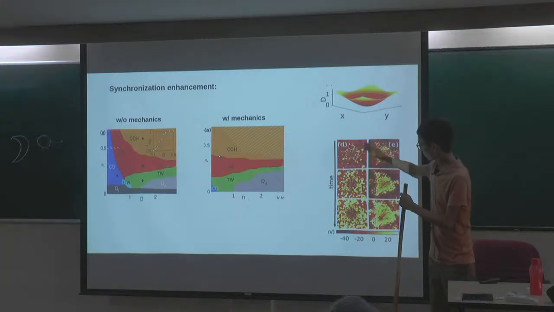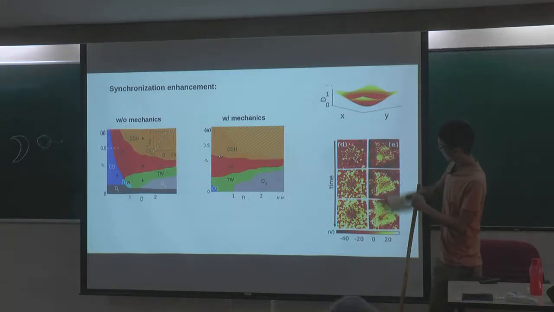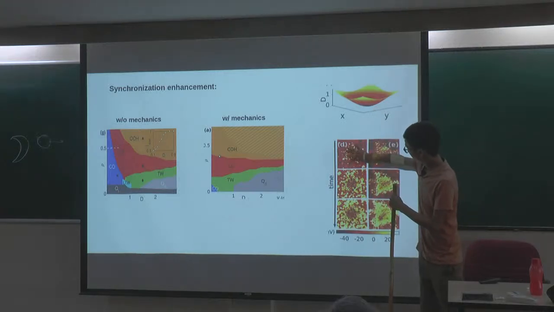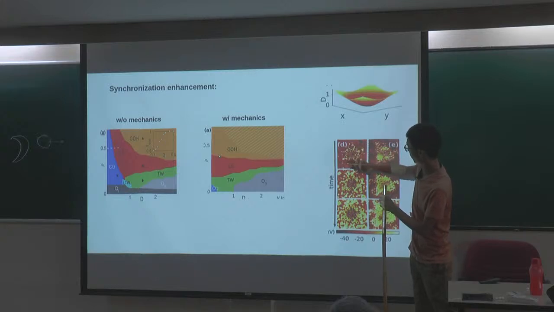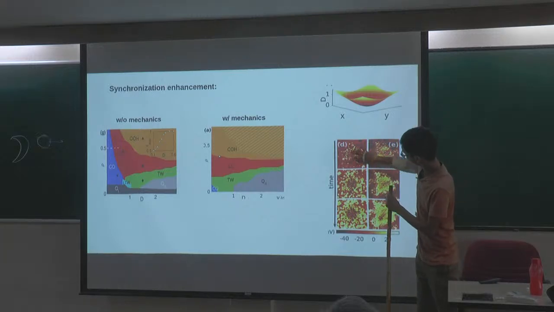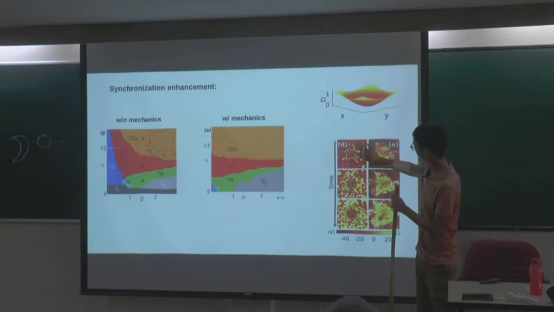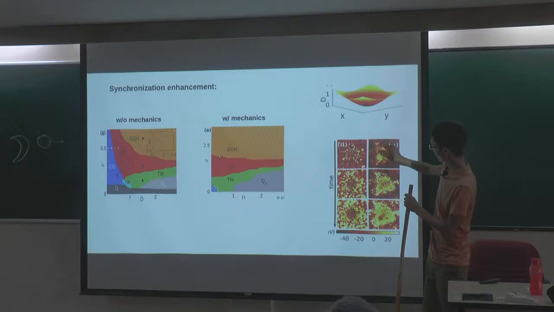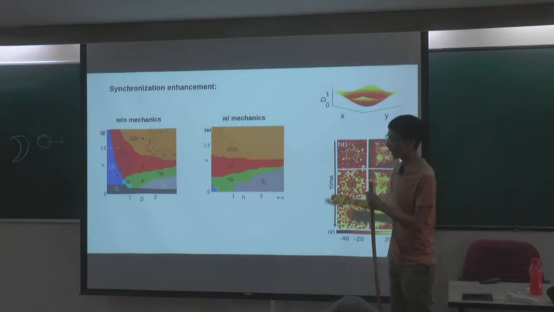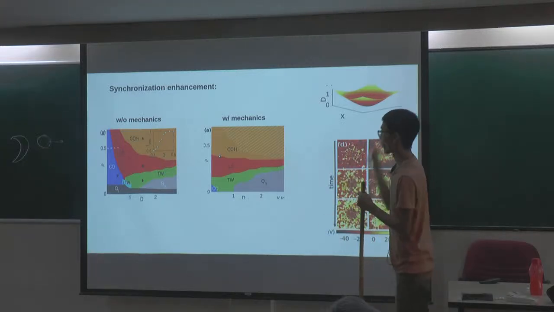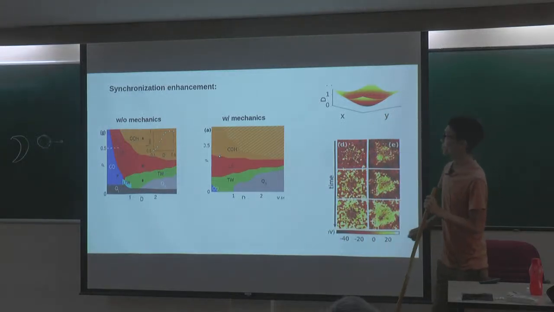In these two columns of panels, the horizontal axis is time. The left region is without mechanics, where the diffusion constant decreases from periphery to center. You can see that the excitation here is fractionated and uneven, because of low diffusive coupling. But if you include mechanics, the excitation becomes much more synchronized. This is what we think might be happening in the sinoatrial node, although this has to be tested.